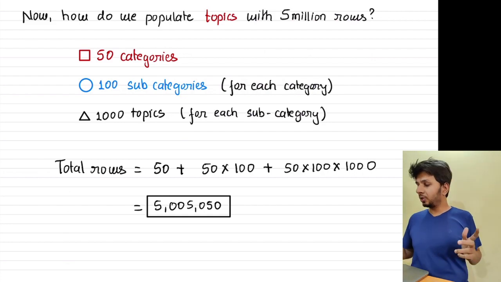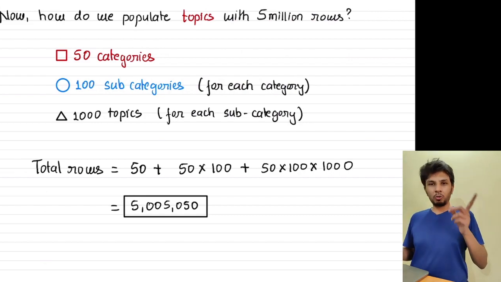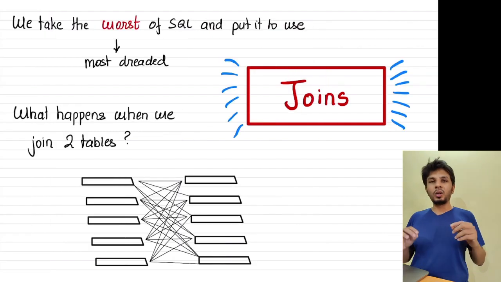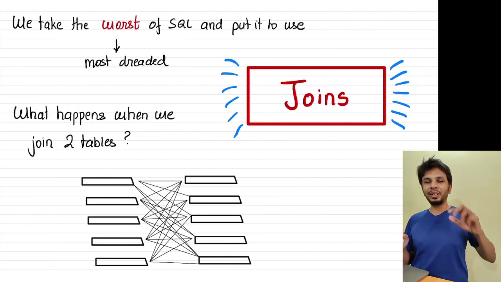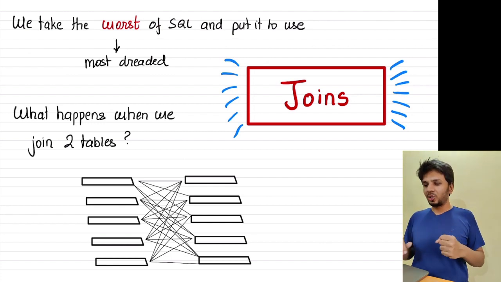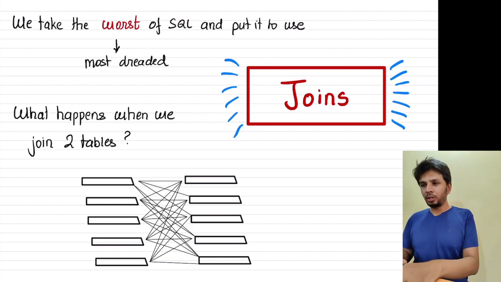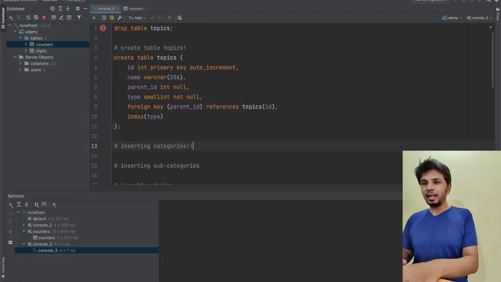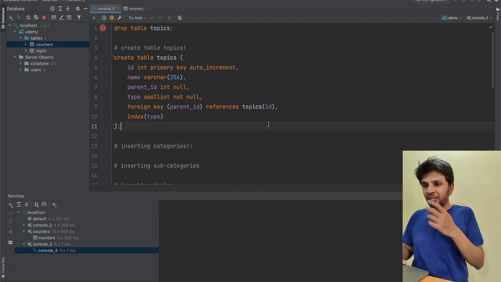And what we'll be doing is using just SQL to generate this data. And a very interesting thing, we'll be using the worst or the most dreaded part of SQL, which is join, to do so. So let's jump right into the world of SQL and see this in action.